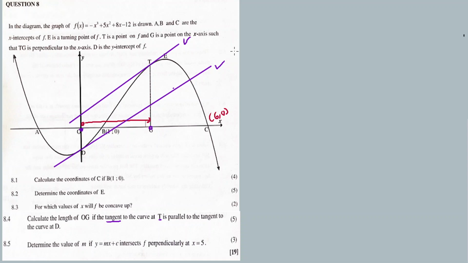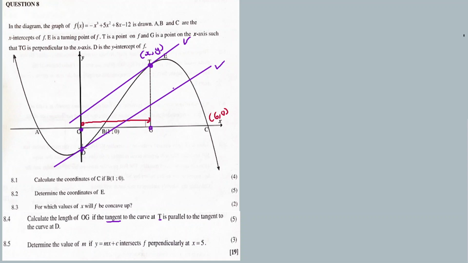How do you go about solving this one? Okay. So here is my idea. We know that a gradient can actually help us calculate our x values for the point of intersection between the tangent and the curve. So at point T, I can use a gradient to calculate the x coordinate of T. T is a point x, y.